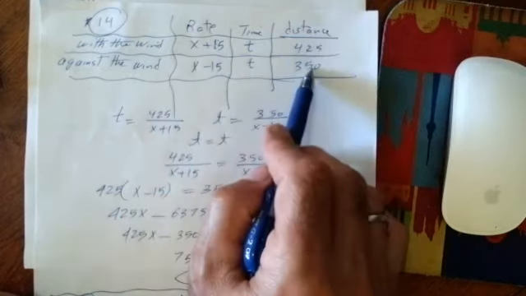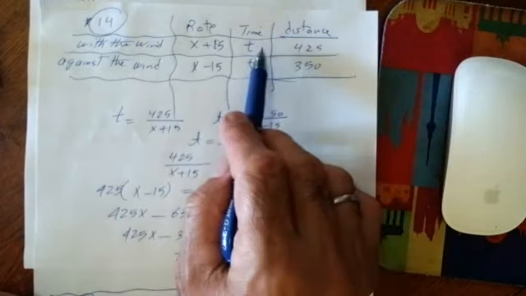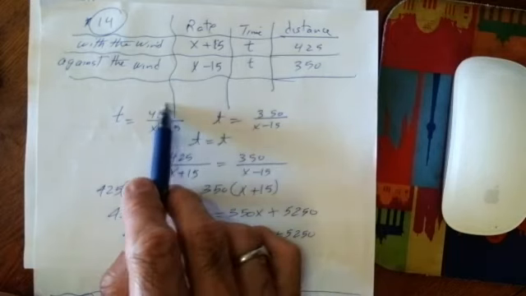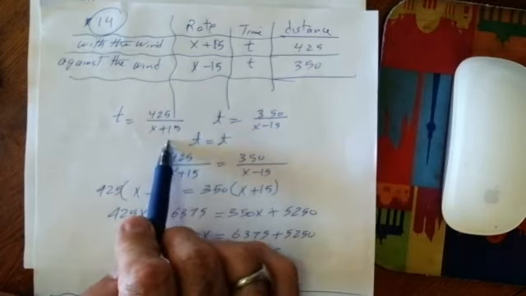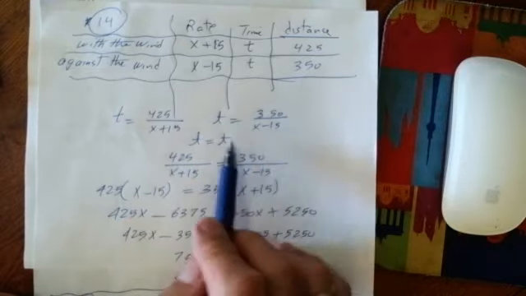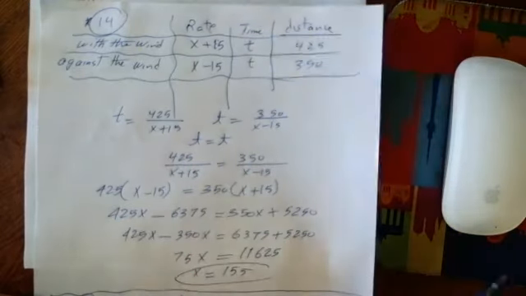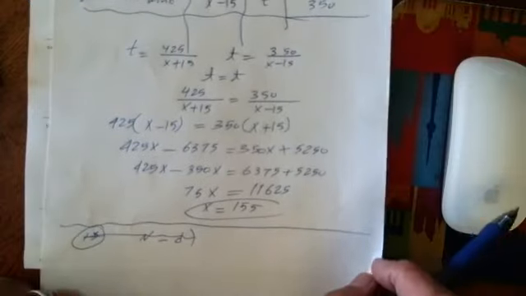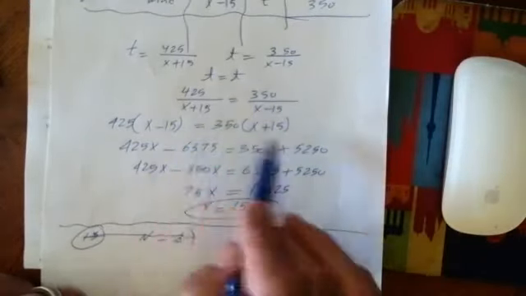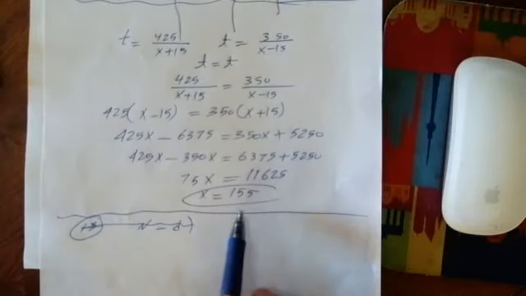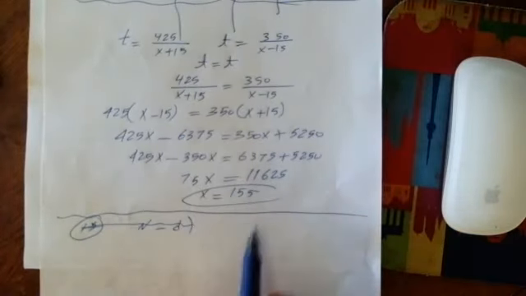The distances are given. Again, time is distance divided by rate. Time equals time, as given in the problem, so you set these two equations equal to each other. When you cross multiply, you end up having 155. This is the rate of the plane.